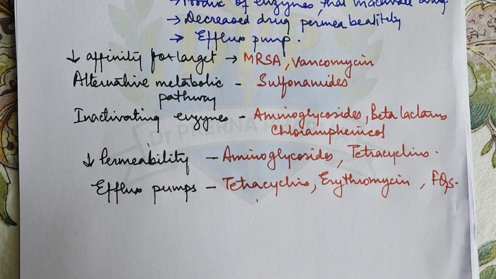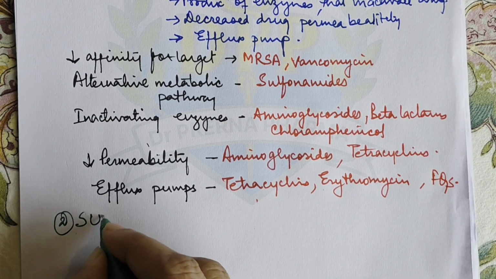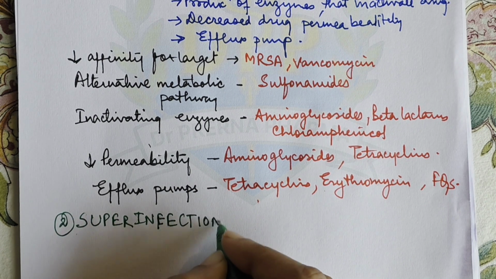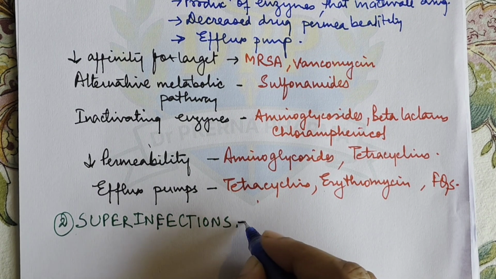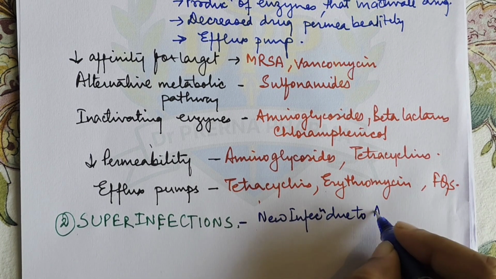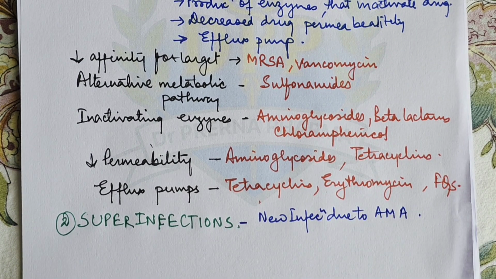The next topic that we do, the second topic, is superinfections. So what are superinfections? That means a new infection due to antimicrobial agents. Normally normal microbial flora contribute to the host defense. Now broad spectrum antibiotics, what are they?